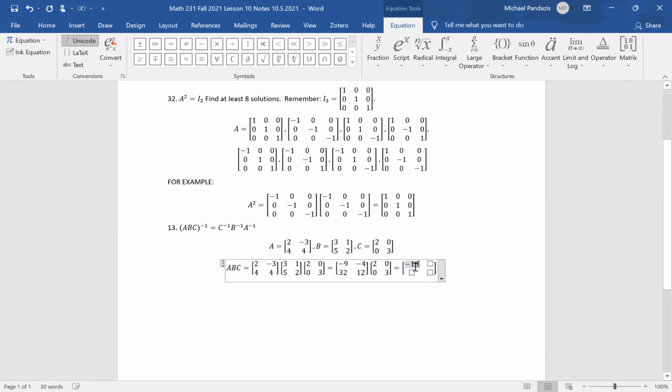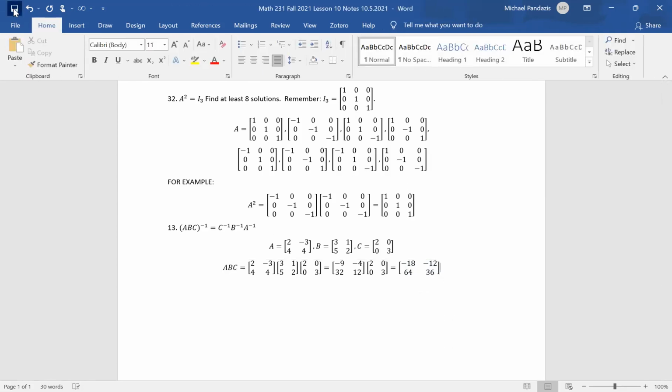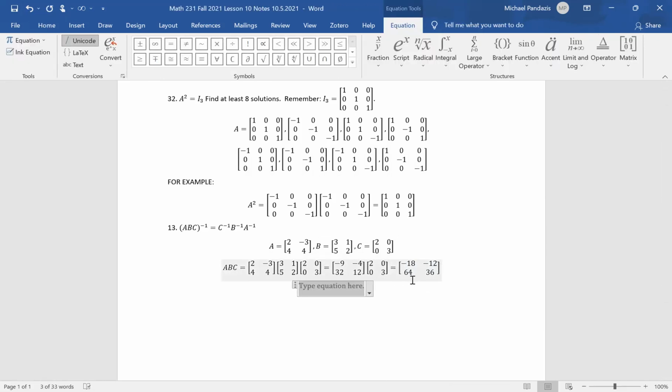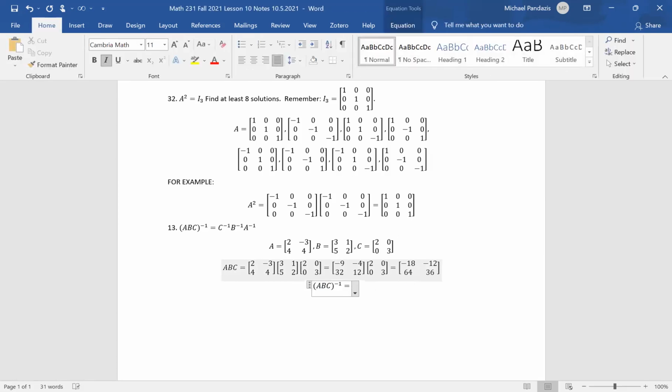-18, then you get -12. Here you get 64. And here you get 36. Okay, so that's ABC. And then if you take ABC inverse, you just want the inverse of that matrix.